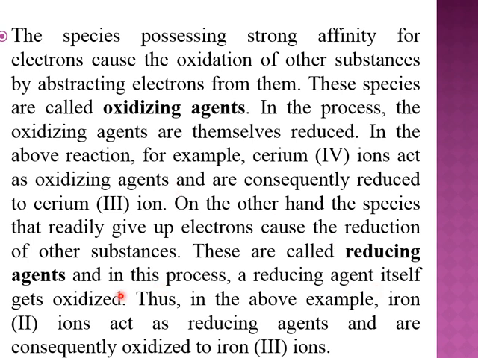A reducing agent is itself oxidized because it has a high tendency to give up electrons. It gives up electrons and is oxidized, but these electrons cause reduction of another substance, so it is a reducing agent. For example, ferrous gives up an electron to cerium, so it is the reducing agent because it causes reduction of cerium.